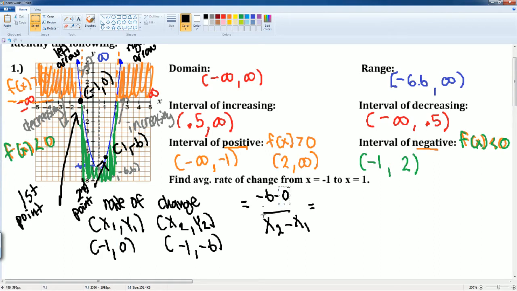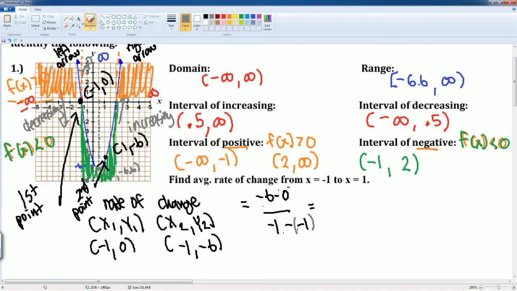Then we have x2, which is then -1, and we subtract that to x1, which is -1. Okay. When there's that negative, each time I make the substitution, I like to put a parentheses in it.